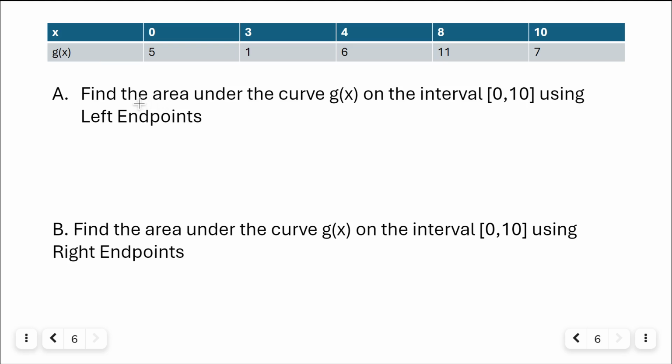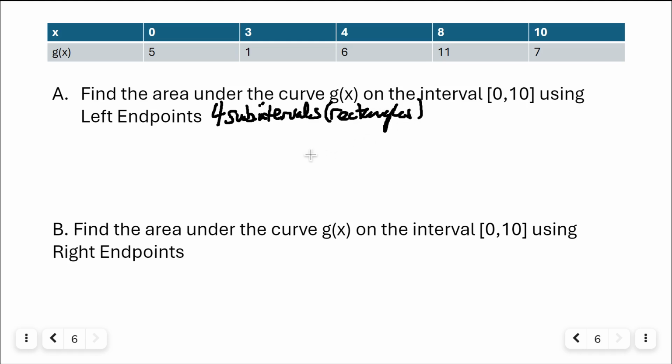It wants you to find the area underneath the curve g on the interval 0, 10 using left endpoints, and let's say 4 subintervals. Okay, 4 subintervals, 4 rectangles.